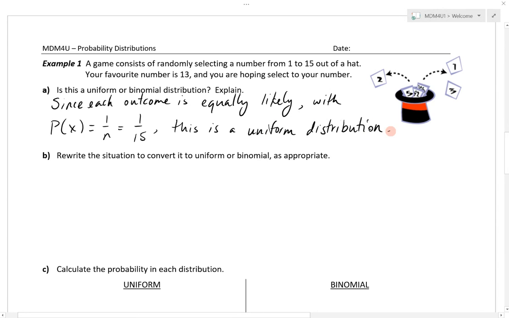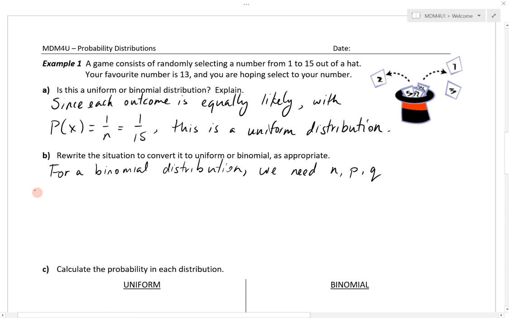Now, how would we rewrite the situation to convert it to a binomial distribution? What do we need for a binomial distribution? We need n, we need p, and we need q.